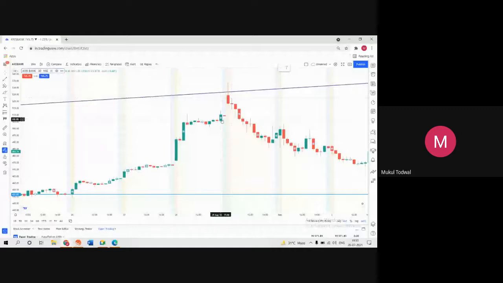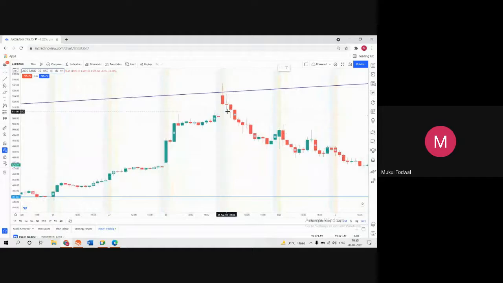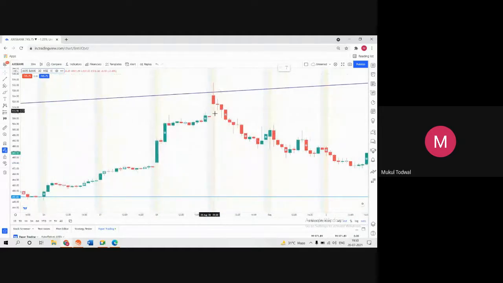Over here a red candle is there, so I would request you to ignore this just in order to understand things better. Here we have a doji type candle where the upper shadow or upper tail is bigger than the body of the candle, followed by a red candle, and you have a confirmatory call that you can go and short this script.